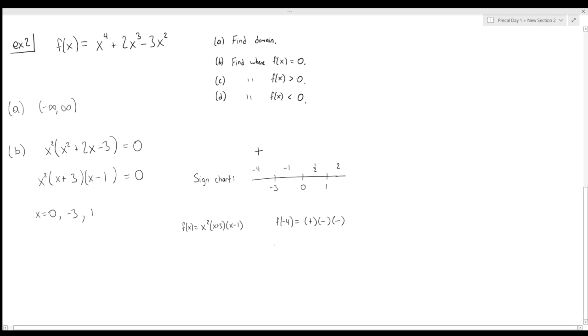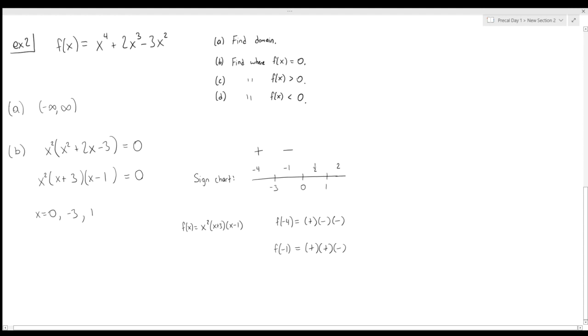Let's plug in negative 1 next. Okay, x squared is always positive. Negative 1 plus 3 is positive now. But negative 1 minus 1 is still negative. So now f is negative on the second interval.